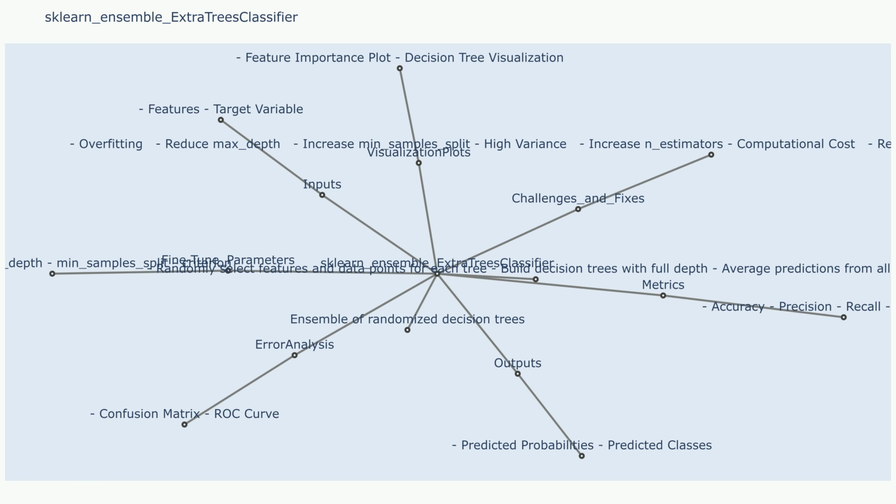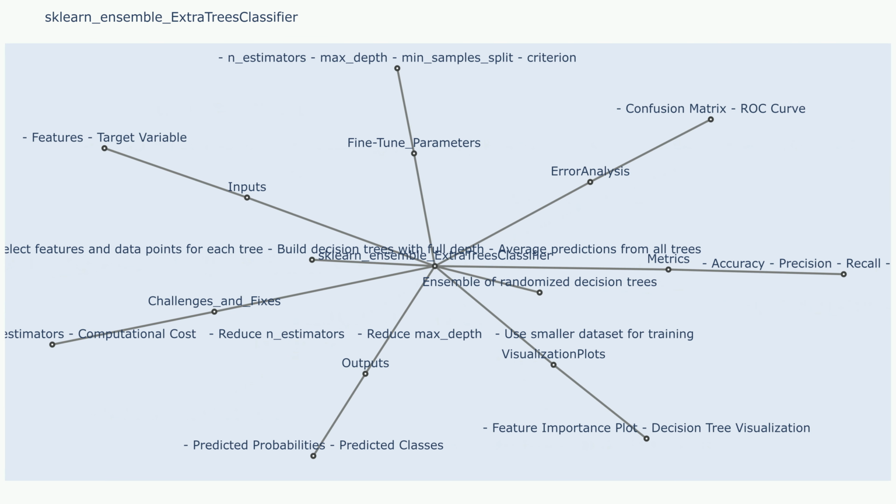sklearn Ensemble Extra Trees Classifier. Description: Extra Trees Classifier is an ensemble learning method for classification that operates by constructing a multitude of decision trees during training and outputting the class that is the mode of the classes for classification, or the mean average prediction for regression, of the individual trees.